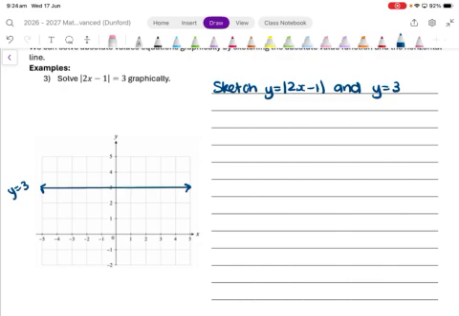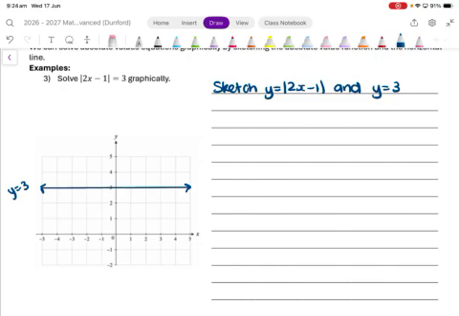Now, with our y equals the absolute value of 2x minus 1, we're going to look at it in piecewise form, okay? Because we haven't just translated it horizontally. We have a lot more going on inside that absolute value symbol.